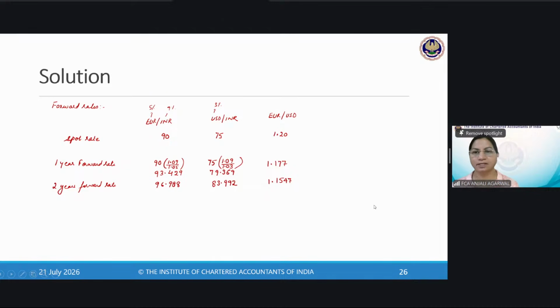So first, let us look if we borrow in India.